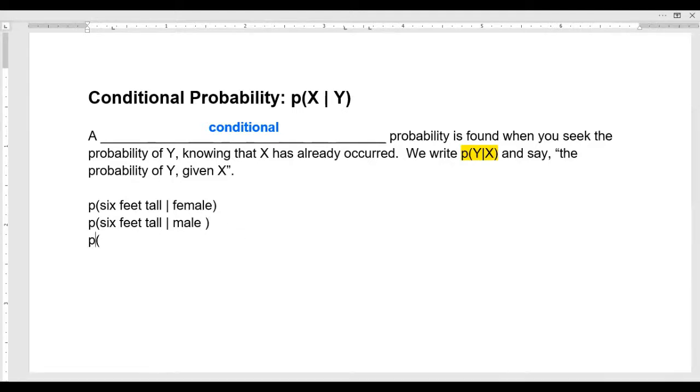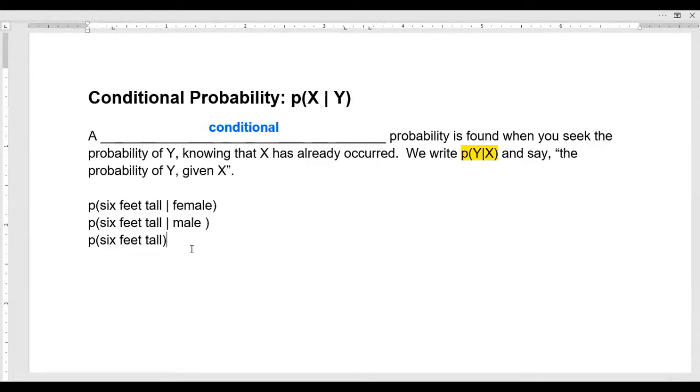And then also we could just have the straightforward probability that somebody is 6 feet tall. So in this situation, we would be looking at everybody, males and females together. So all three of these numbers are probably going to be different because we're looking out of different groups.